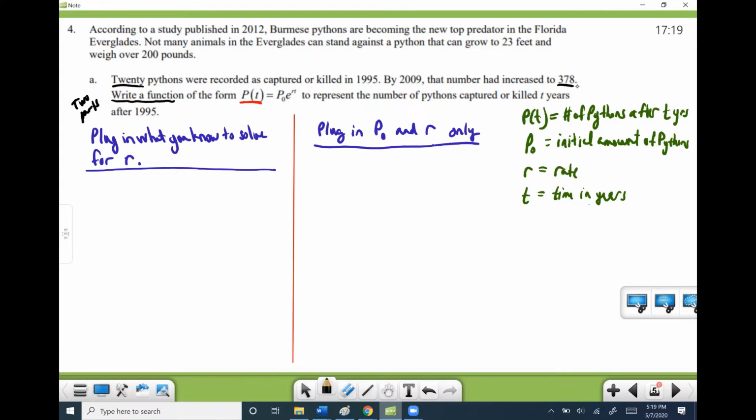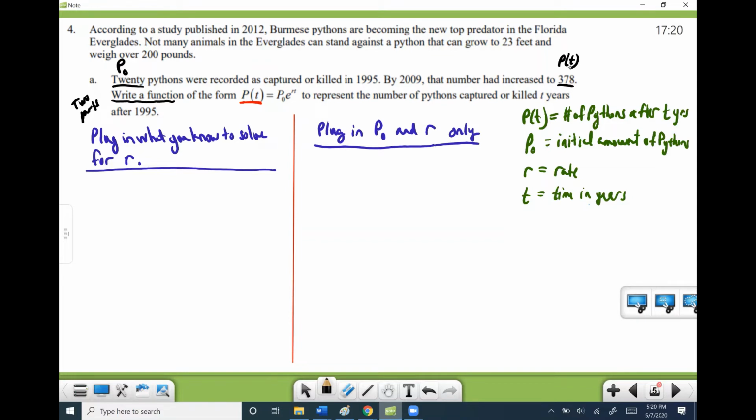We got a couple P's going on right now. For the P of T or for the P naught? Yep, okay. So this is gonna be the P naught because it's the initial amount of pythons, right? In 1995, we're considering that the beginning. So that's gonna be the initial. Then 2009, it went all the way up to 378. So that's gonna be the P of T. That's gonna be the amount after T years had passed, yeah.